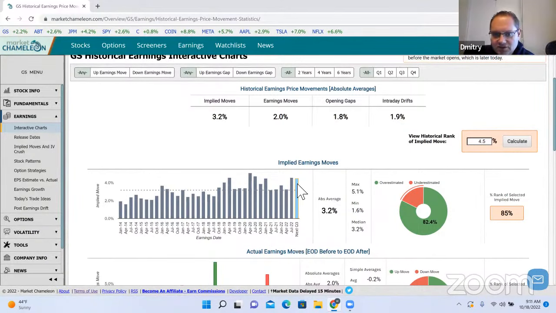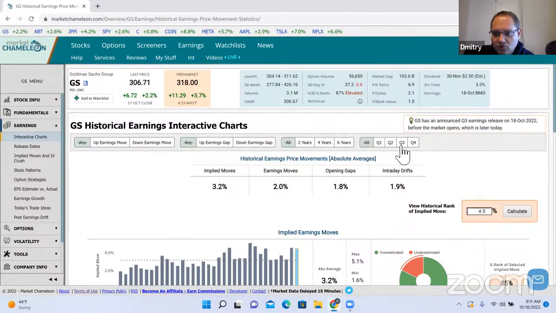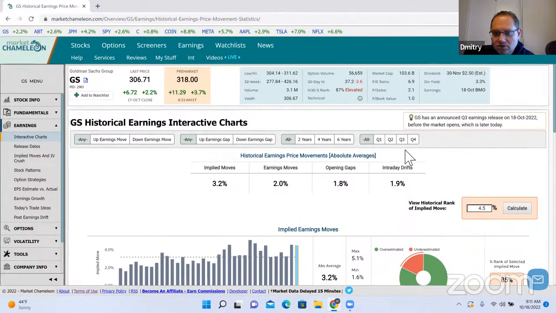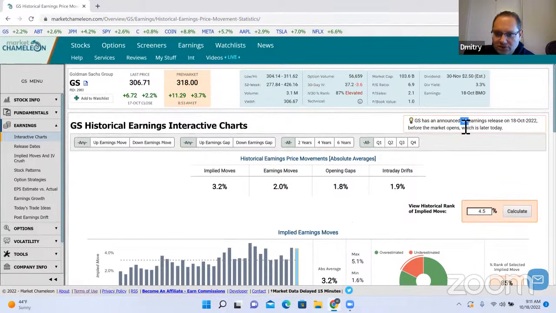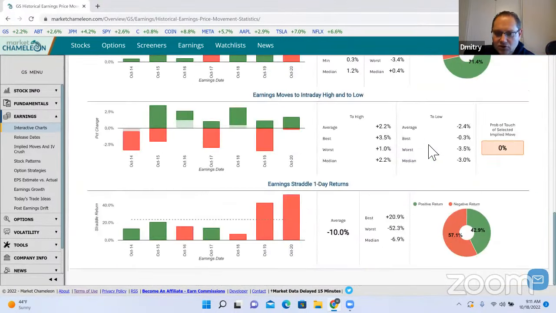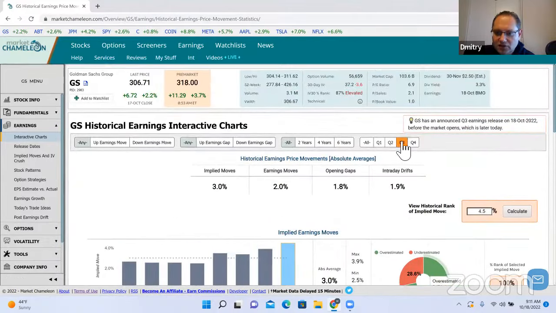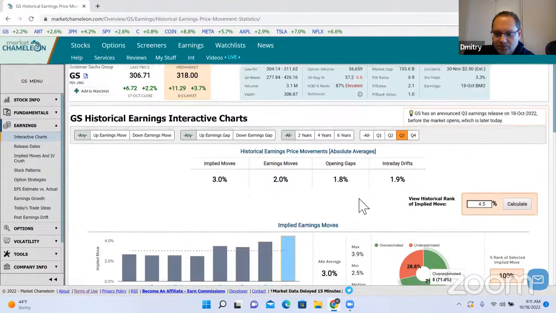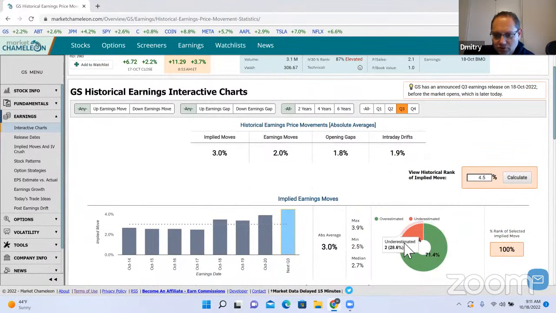You can narrow this down if you wanted to by quarter. For example, here's Goldman Sachs. If we wanted to look at only third quarters, I could click there, and everything in here will get filtered by historical third quarter. This is what it looked like in the third quarter, underestimated, overestimated.